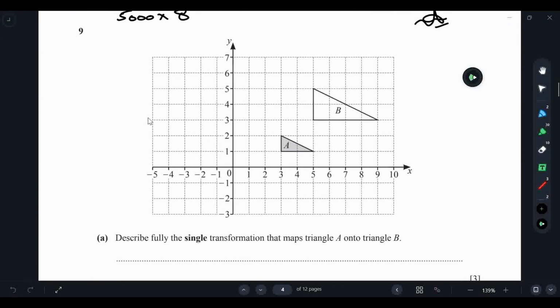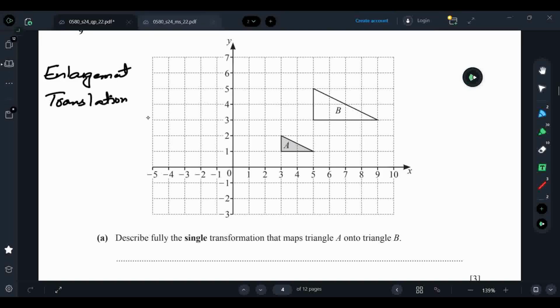Question number 9. Describe fully the single transformation that maps triangle A onto triangle B. In a describe question, the pattern should be that we first check whether it is enlargement or not. Then we can check the translation. Then we check whether it is reflection.